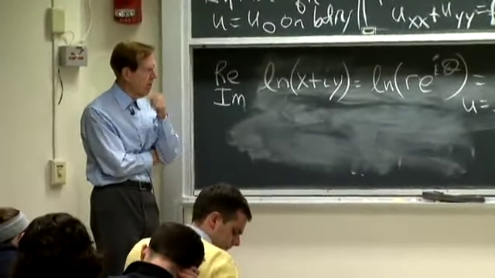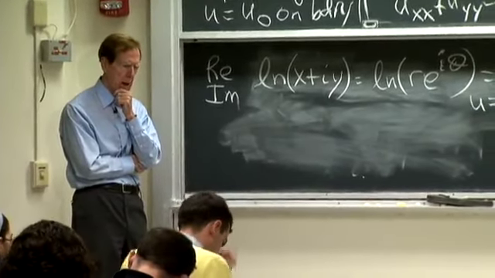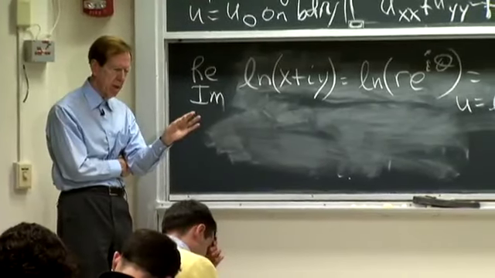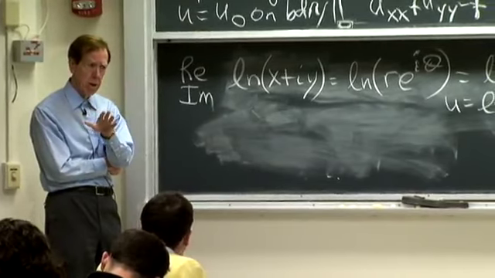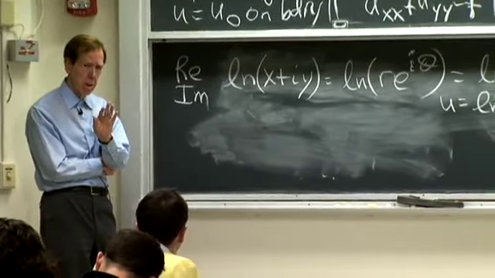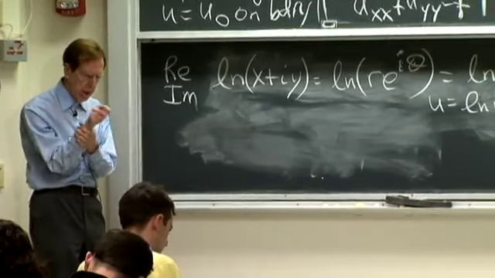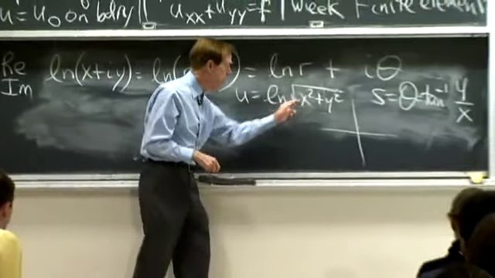So when I draw those axes, what picture is it I'm planning on? I'm planning on the equipotentials, u equal constant, and who are the other guys? The streamlines. The places where the stream function is constant. So here's the potential function.